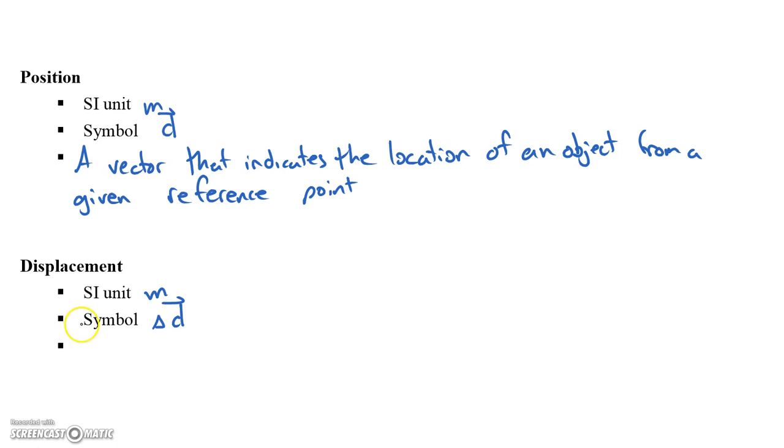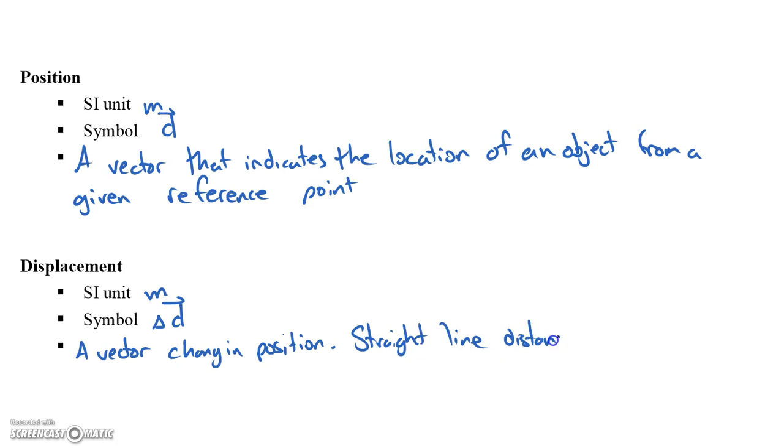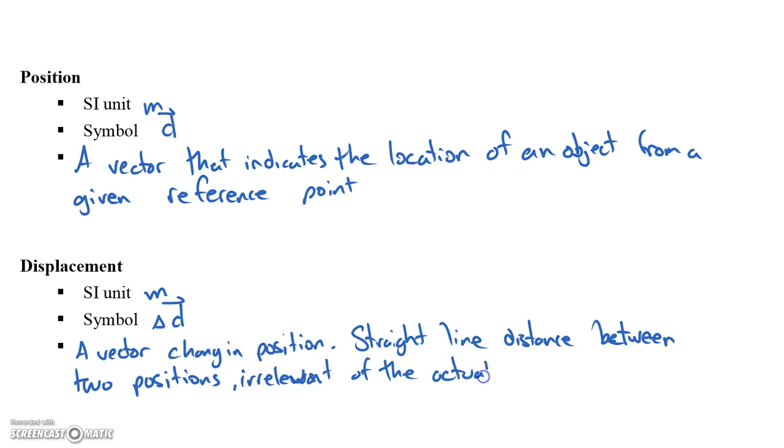So as the definition says, it is a vector change in position, which can also be understood as the straight line distance between two positions, irrelevant of the actual path.